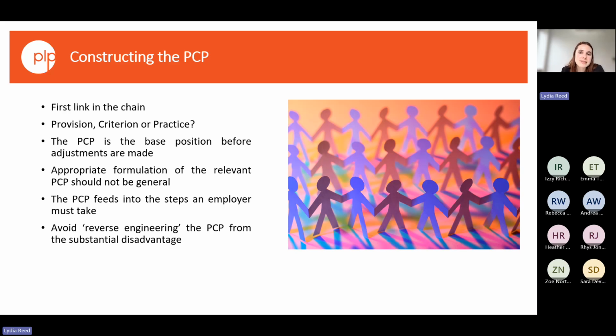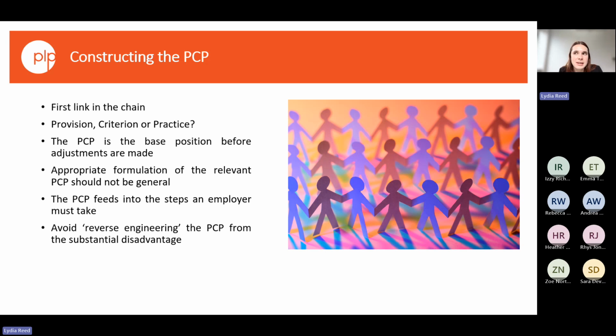The case law says that a practice is something that has a sense of repetition. So if it's just a bold assertion from the claimant, spend time considering and questioning whether it really is any of the provision, criterion or practice. The PCP itself is a base position before any adjustments are made.